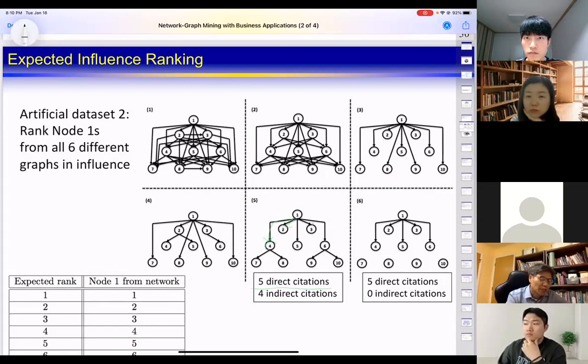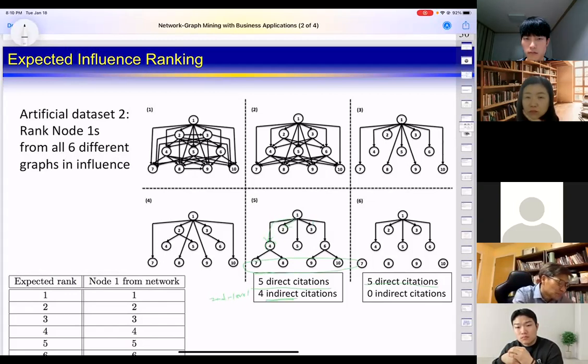But also there are 4 indirect, even indirect, we say second level. How about this? They have 5 direct citations, 0 indirect citations. How about this one, the first one? There are maybe 5 direct, but there are many indirect citations, right?